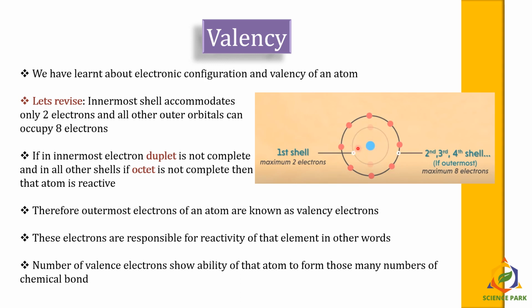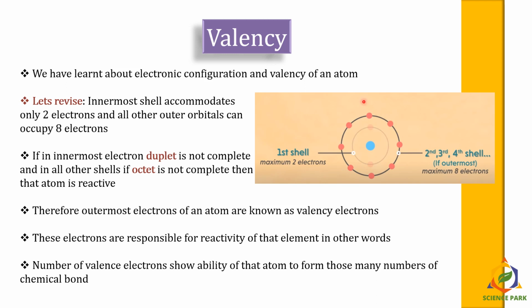The innermost shell, the first shell or K shell, can hold a maximum of 2 electrons. Then the outer shell is called the L shell, and thereafter all the shells L, M, N, so on and so forth, can contain a maximum of 8 electrons.